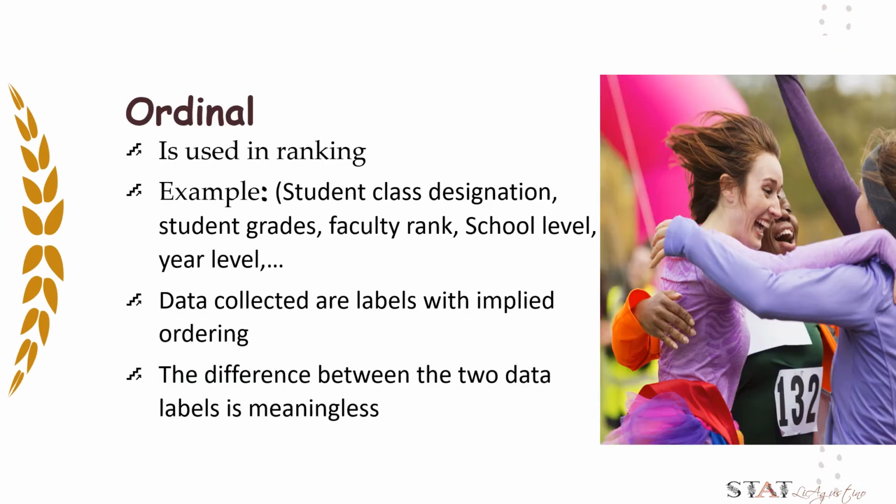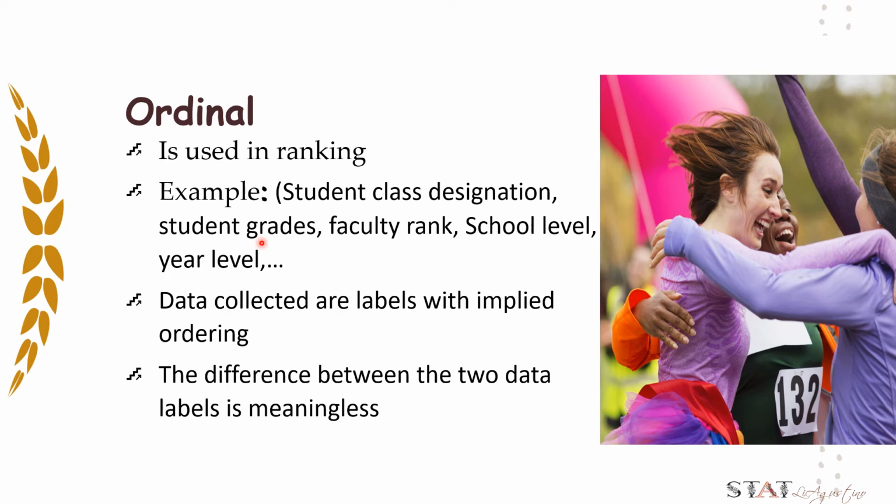Let's proceed to ordinal. From the word itself, ordinal, order. An ordinal scale is useful for ranking qualitative variables. For example, students complete assignments, athletes finish a competition: first, second, third, fourth. It is used in ranking your student class designation, first year, second year, third year, fourth year. And then students' grades, are you excellent or not?